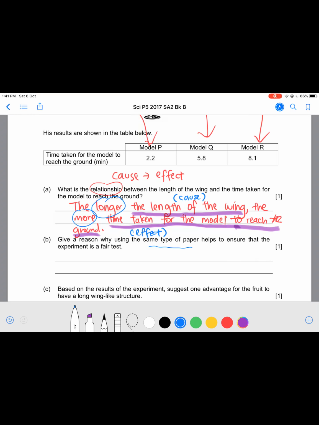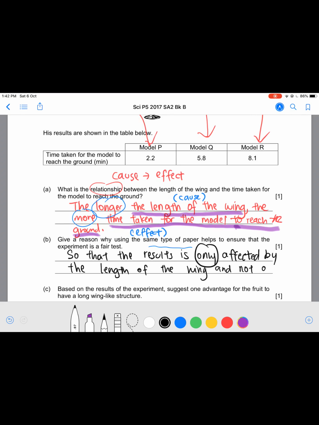So in this case, we put it into words, it will be so that the results are only affected. The keyword is only by the length of the wing and not other factors.